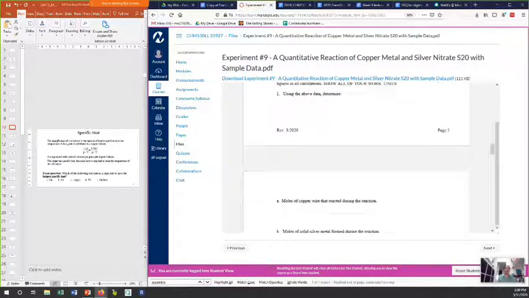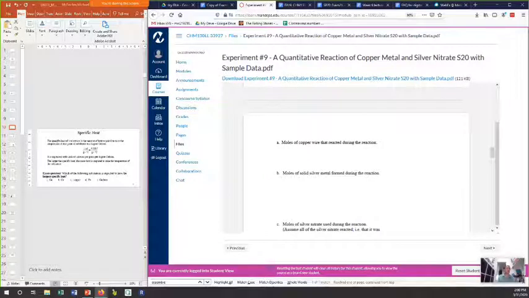Poor formatting, moles of copper wire that reacted during the reaction. Well, if we set this up as I have you do it in class, I want moles of copper. Well, what do I know about my copper? I know the grams of copper. I'll place that in the numerator. Substance, substance, keep them both in the numerator. I would need some kind of conversion.